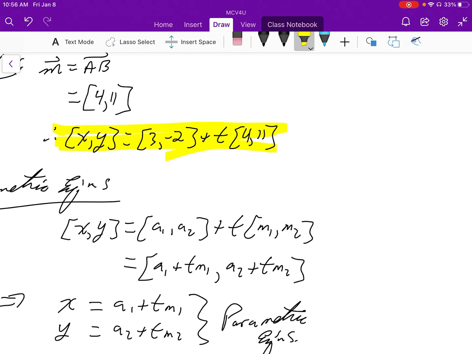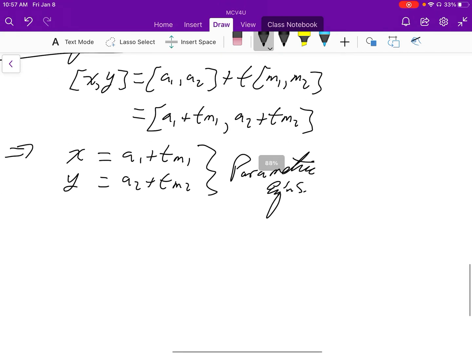Remember that you are keeping it with the parameter T. So you should come up with X equaling 3 plus 4t, and Y is negative 2 plus 11t. All right. The X components must be equal to each other from one side of the equation to the other side, and similarly with the Y components. Okay, so that's what we can use.